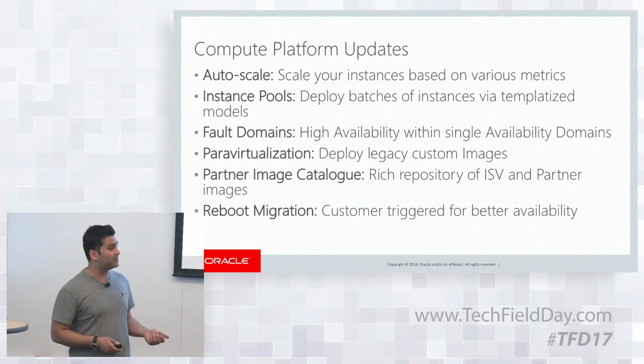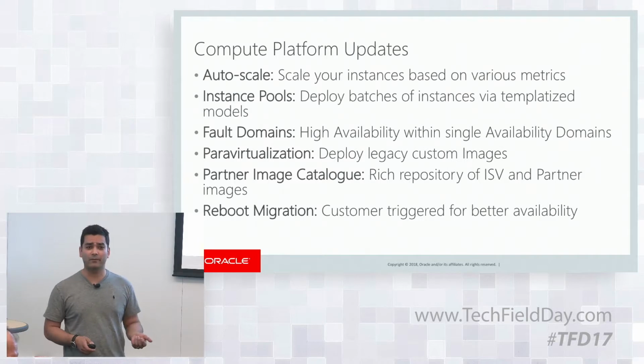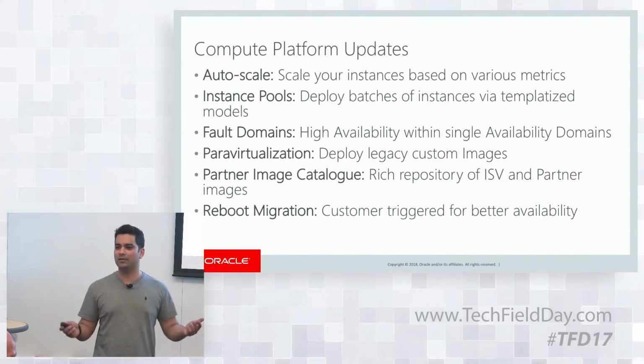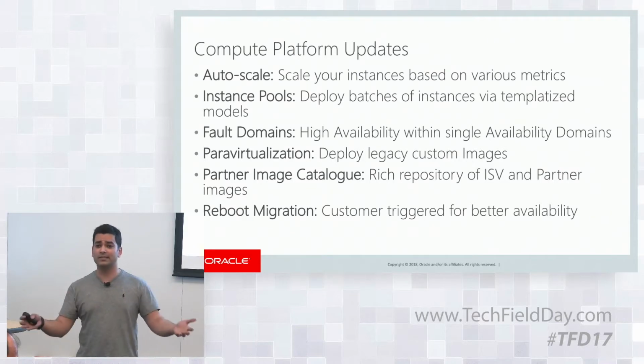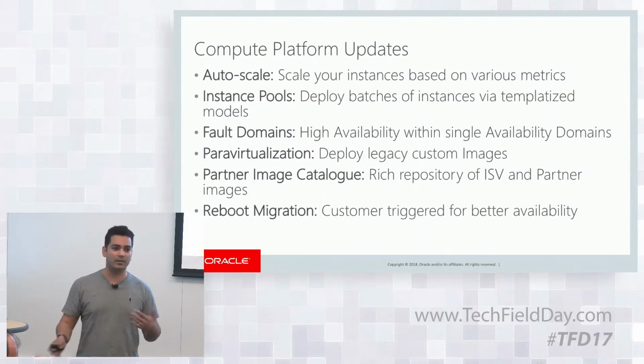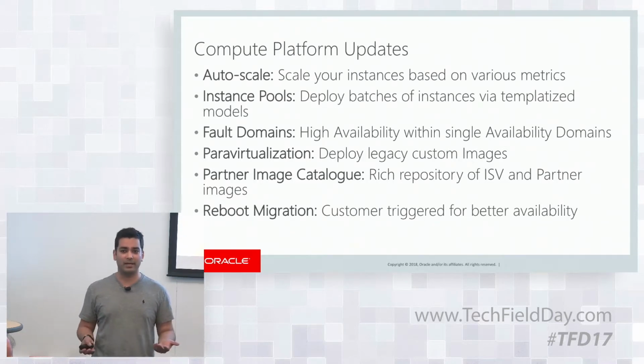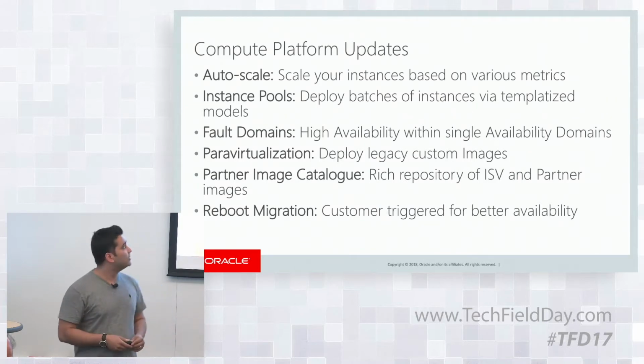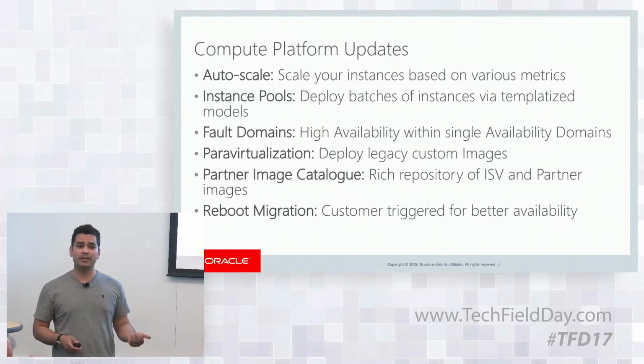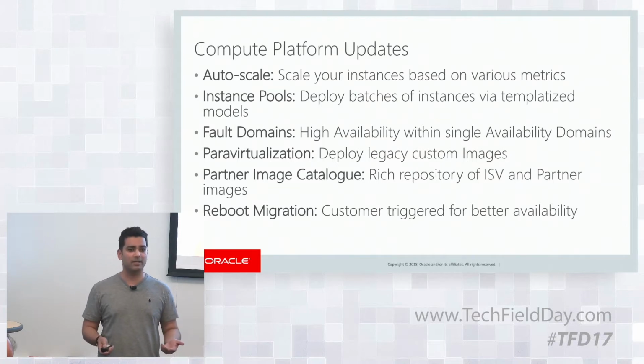Some of the updates that we have on the compute platform: autoscale, easy concept. Customers that want to come in and be able to burst their instances using metrics like CPU utilization or anything else for that matter, maybe storage. Instance pools is an interesting one, which is basically a grouping construct. It allows you to templatize your instances.